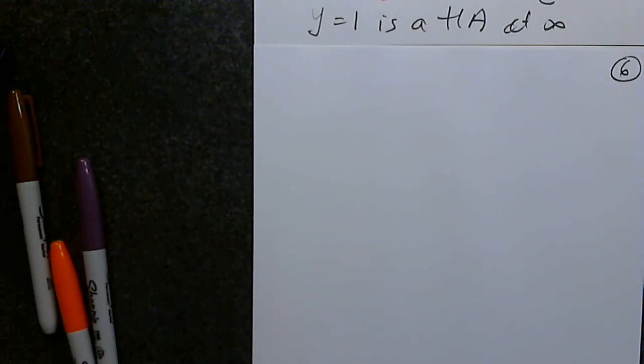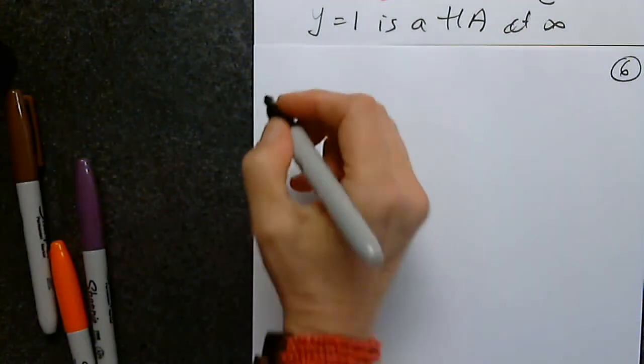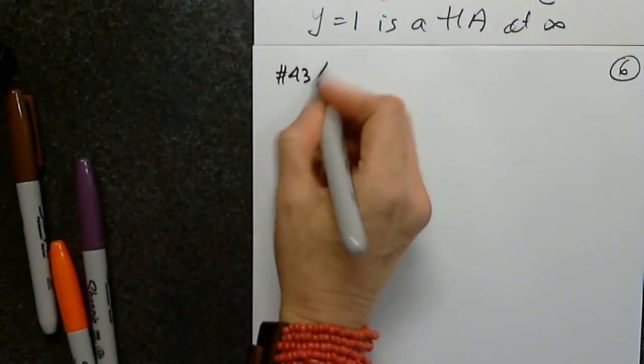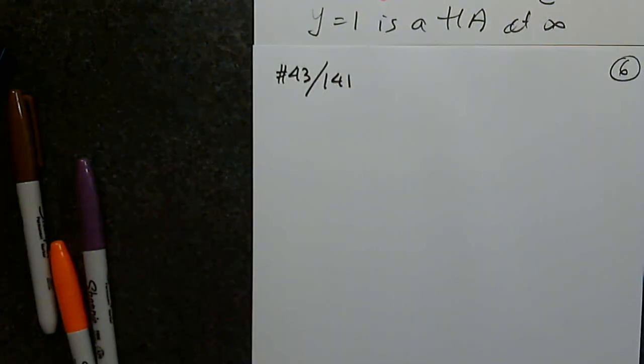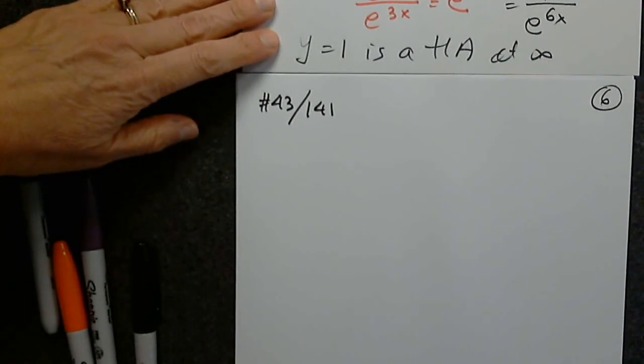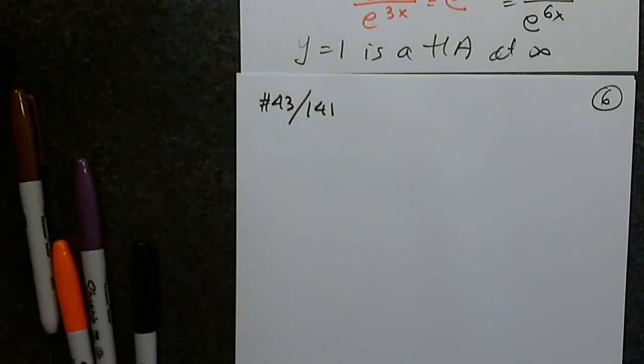So let's look at 43 on 141. It says, find the horizontal and vertical asymptotes of each curve. I will have to add, and also the limits, the corresponding limits, because I don't want you to say, oh, the horizontal asymptote is 1. No, I want you to show why it is 1.